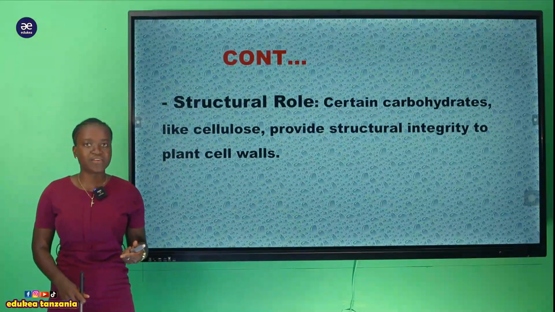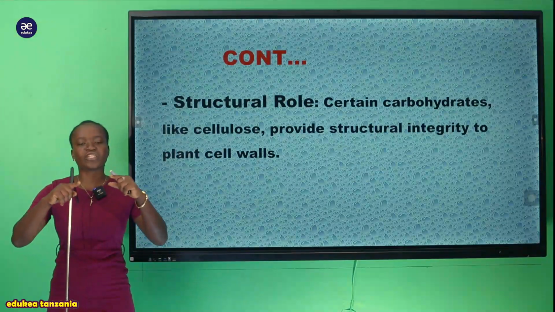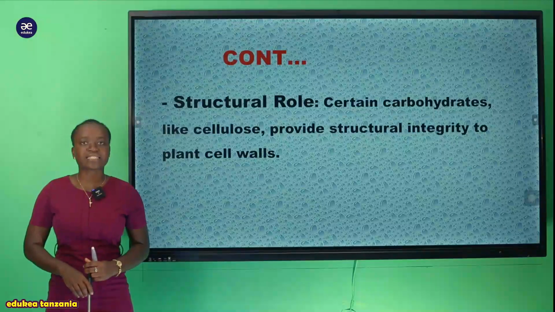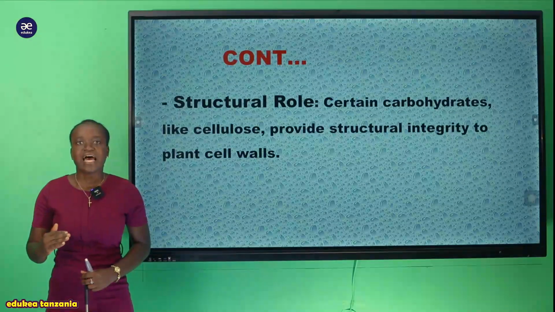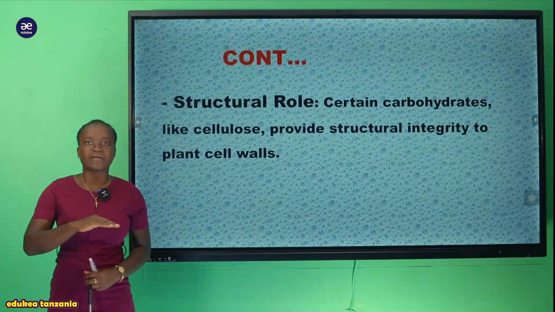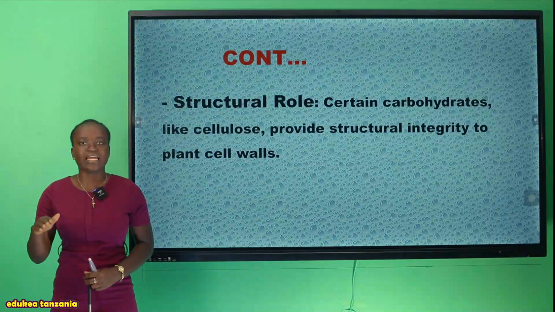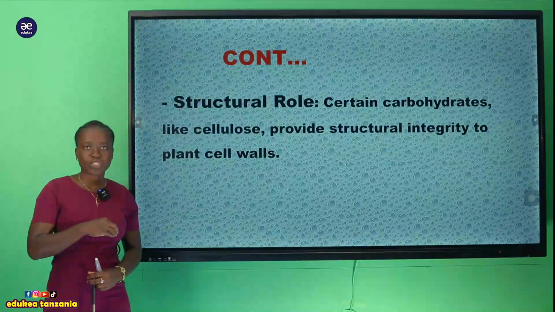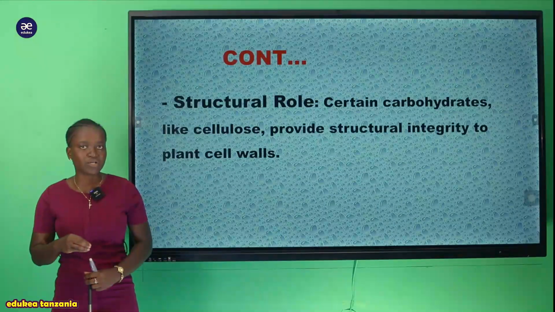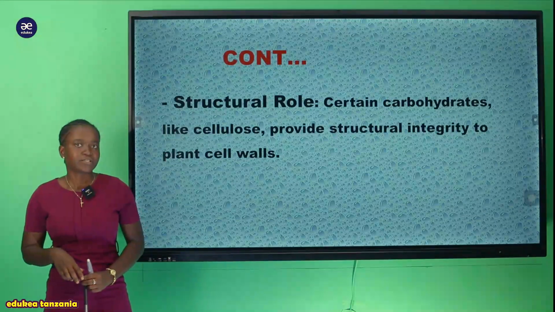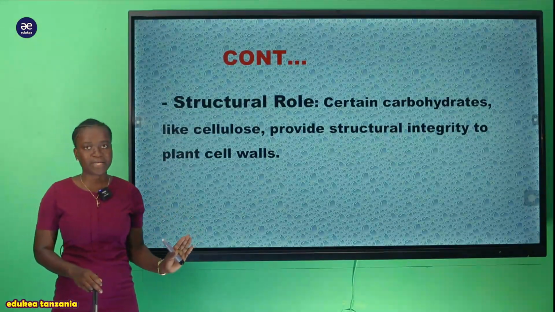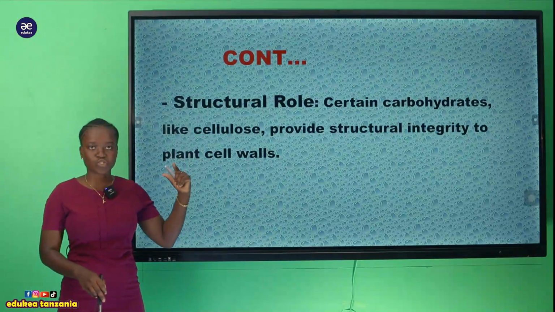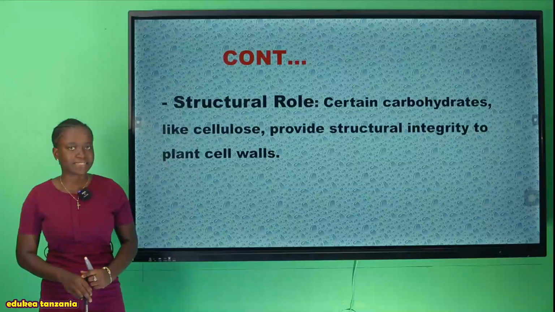Cellulose is a carbohydrate found in the structure of the plant cell wall. Meaning that it tends to protect against any damage from the outside environment; this structural support, that is the cellulose, works on it. So that becomes a property of these carbohydrates, since they provide a structural role in a plant cell.